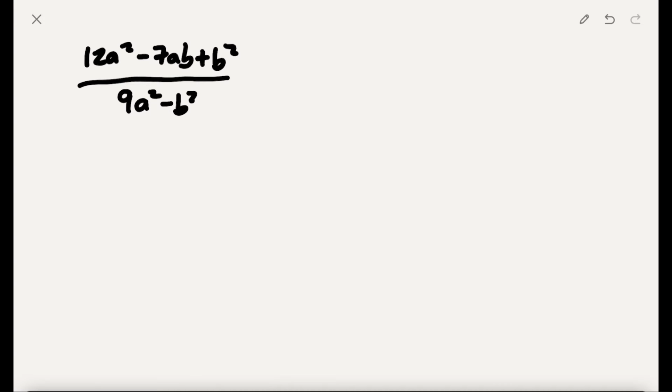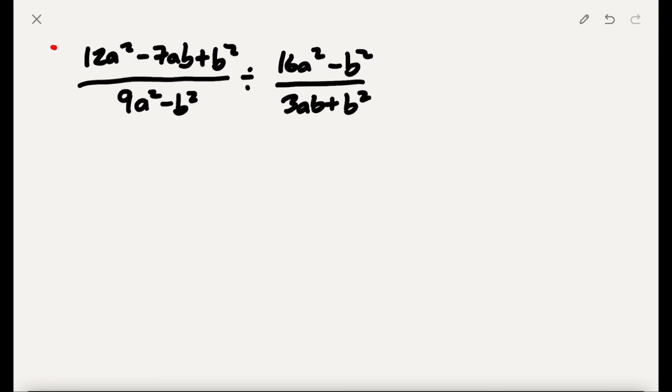The next one is 12a squared minus 7ab plus b squared all over 9a squared minus b squared divided by 16a squared minus b squared all over 3ab plus b squared.